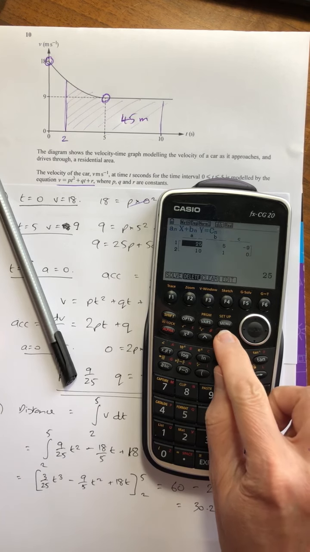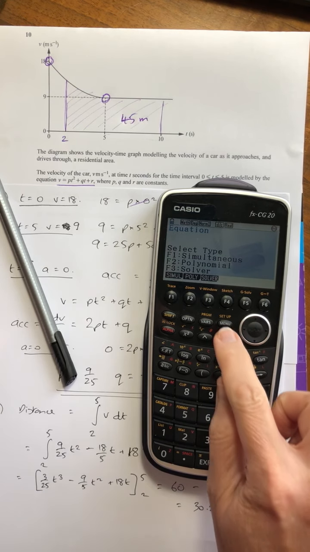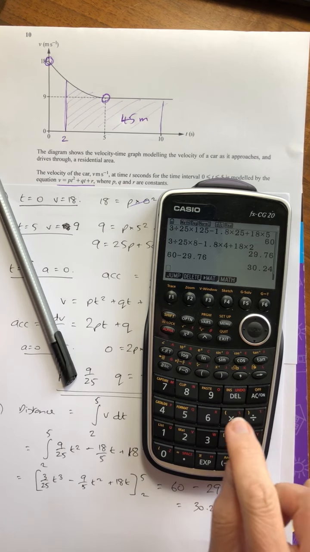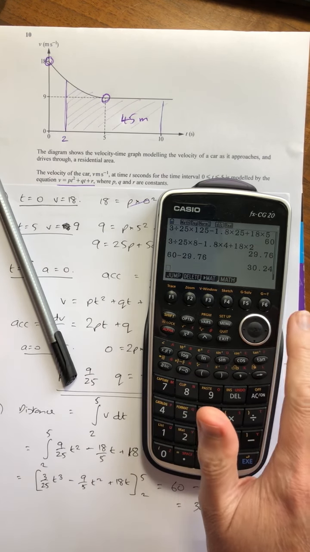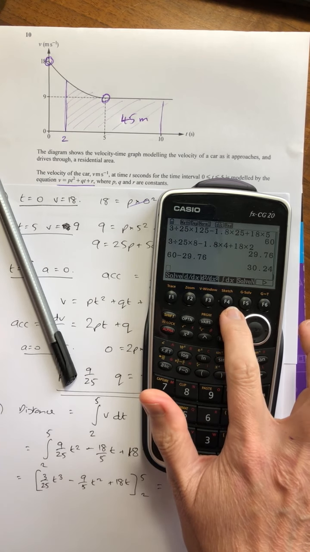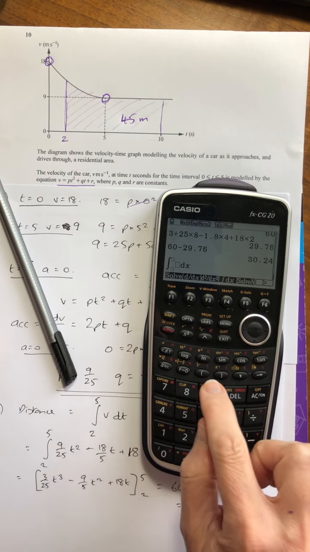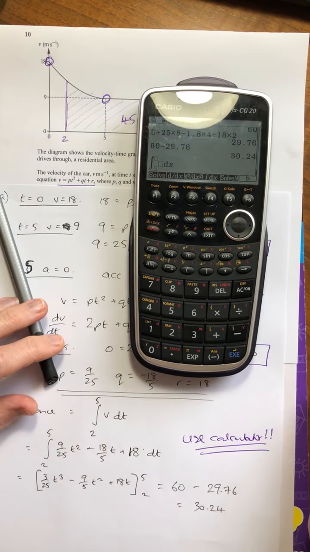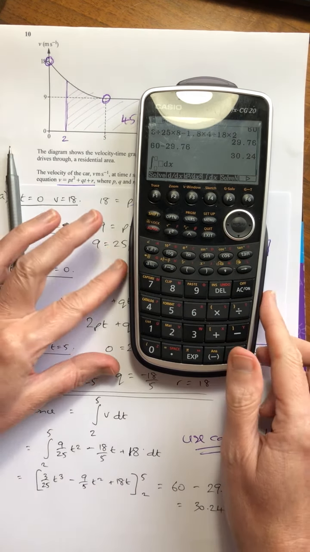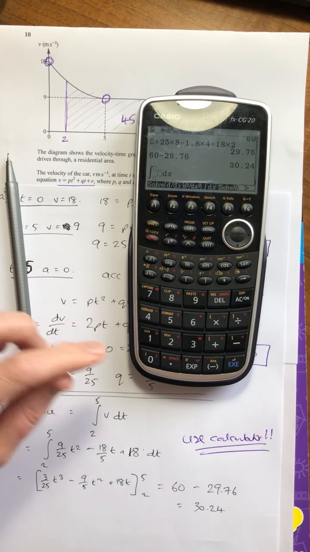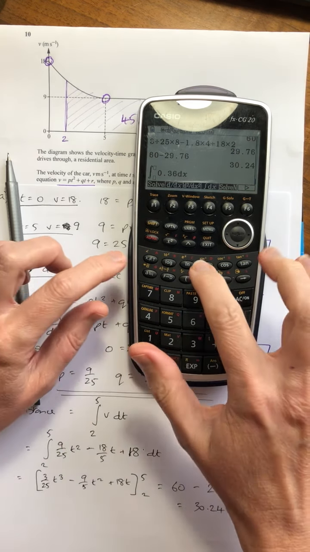So of course, what we do on our calculator, if I go back to normal run mode, I need to go to option, calc. We're doing some calculus. I'm looking for an integral. This is my integral, so 9 over 25, that is 0.36.